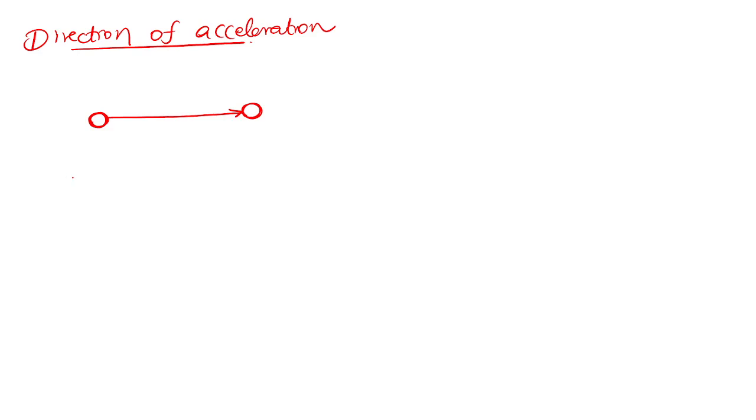Because I will tell you the reason. The acceleration has the formula change in velocity, meaning final velocity minus initial velocity, right? By time. Time does not have any sign. Isn't it acceleration? Change in velocity by time.